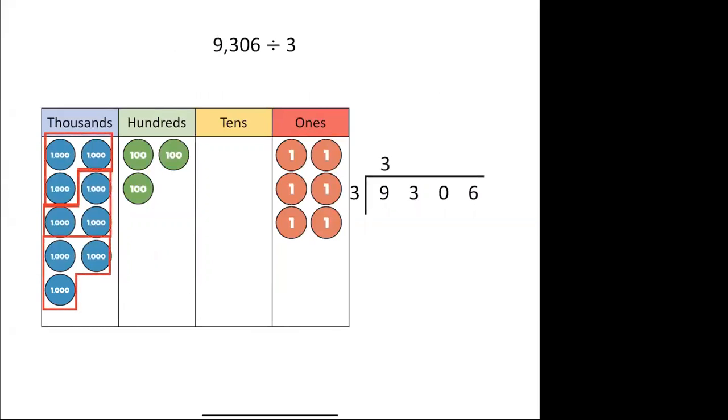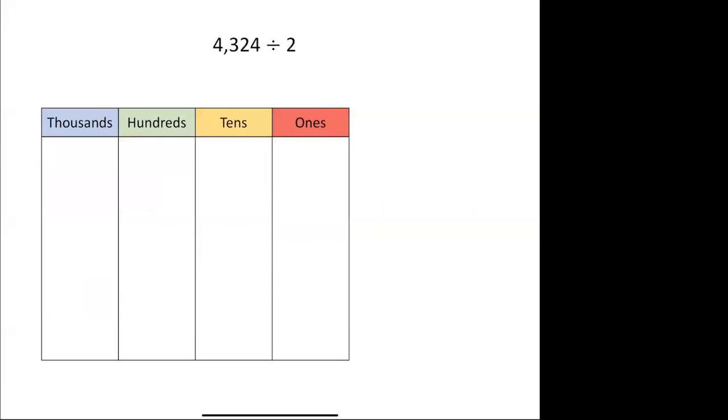So above the 9, we put a 3. In the hundreds column, there's 1 group of 3. There aren't any groups of 3 in the tens, so we put a 0. And in the ones column, there are 2 groups of 3. So we can put a 2 there. So we can say that 9,306 divided by 3 gives us 3,102. Okay, that's keeping it nice and easy.